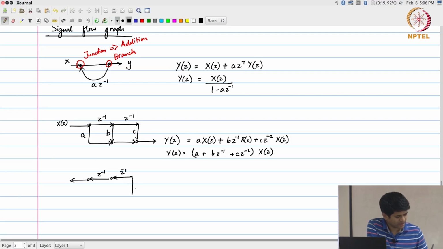Okay, this point, which was a branch, becomes a junction over here, where this A arrow has been reversed, and this junction becomes a branch over here.